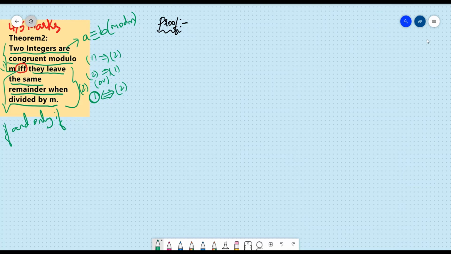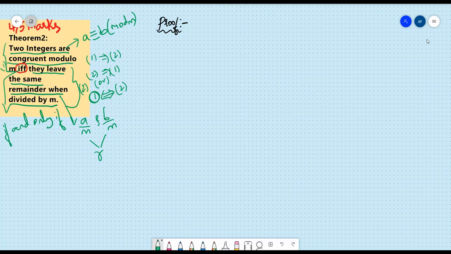So they leave the same remainder when divided by m. In symbols, whenever a is divided by m and b is divided by m, I'll get the same remainder in both cases.